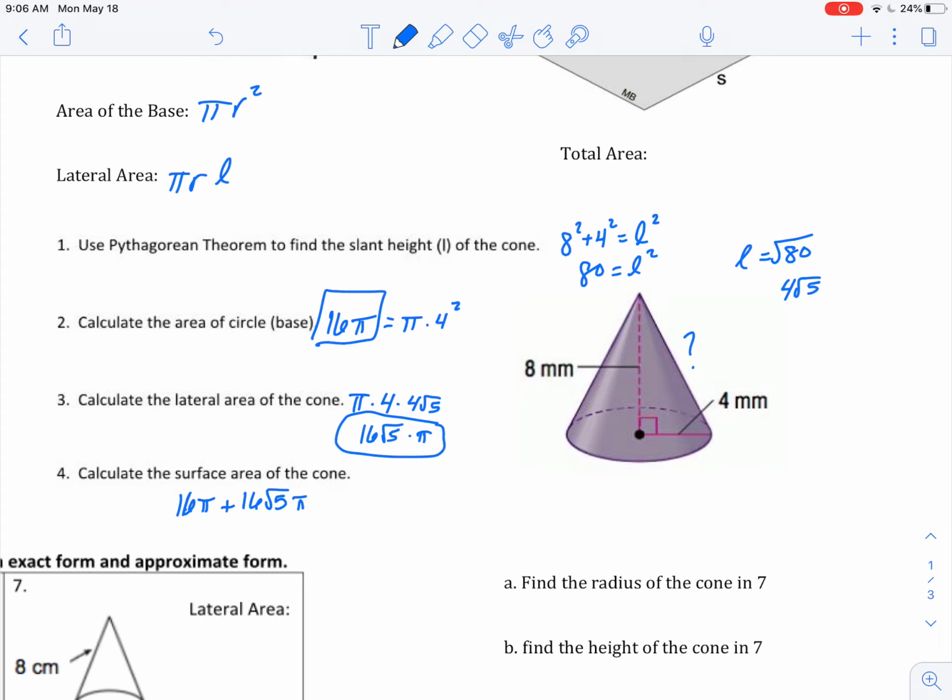And if we find the decimal approximation of 16 root 5, square root of 80 times 4, plus 16, and if I multiply that by pi, I'll get approximately 162.66 square millimeters.